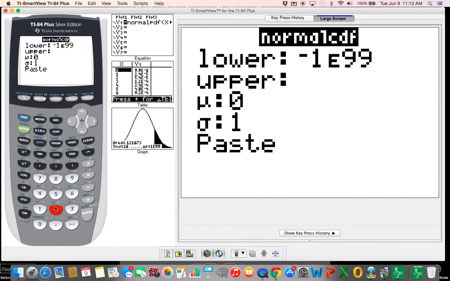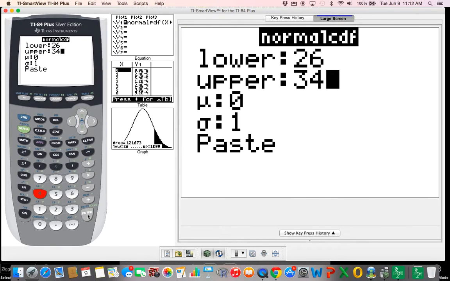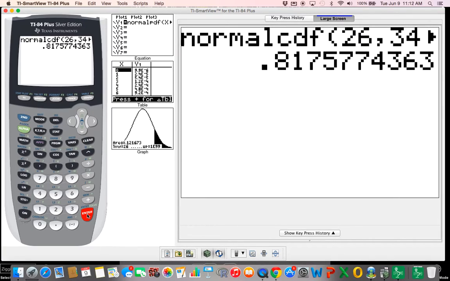So we'd run that from 26 up to 34, mean of 30, standard deviation 3, paste, hit enter, and we get our answer of 0.8176, rounded to 4 places.